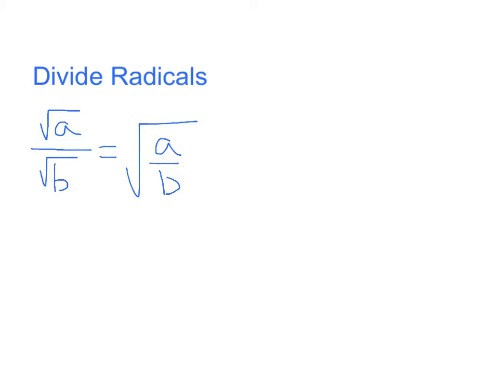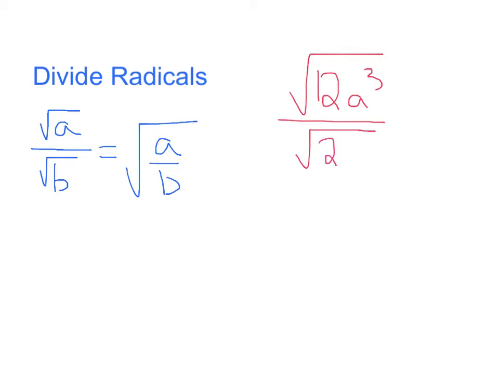Okay, now we have the square root of 12a to the 3rd divided by the square root of 27a. Right now, there are no perfect squares underneath my radicals, and my radical is broken apart, separate from the numerator and the denominator.